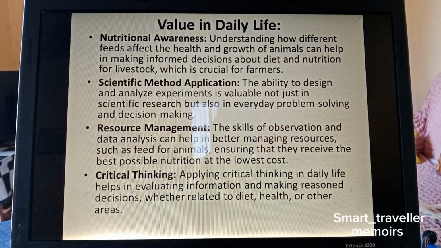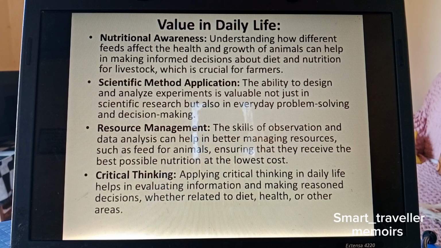And the value in daily life, you are made aware of the nutrition, understanding how different feeds affect the health and growth of animals can help in making informed decisions about diet and nutrition for livestock, which is crucial for farmers. Scientific method application, the ability to design and analyze experiments is valuable, not just in scientific research, but also in everyday problem solving and decision making.